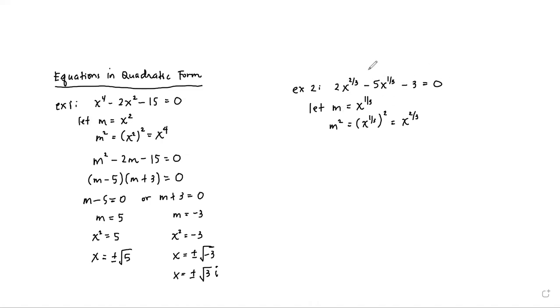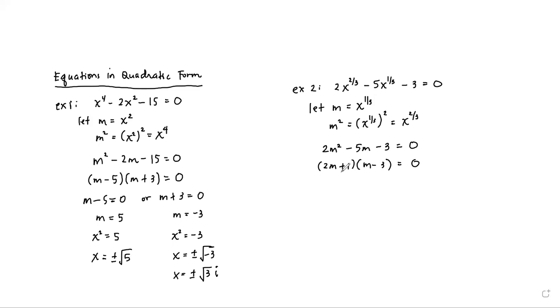So our original equation can now be converted into a quadratic equation involving the variable m. So we get 2m squared minus 5m minus 3 equals 0. So factoring the left-hand side, we get 2m plus 1 times m minus 3.